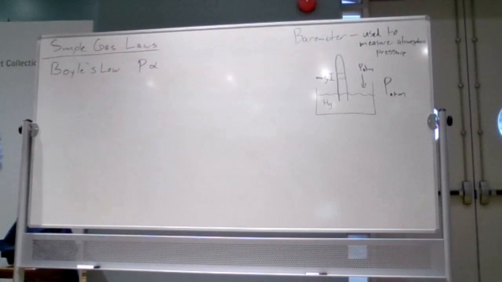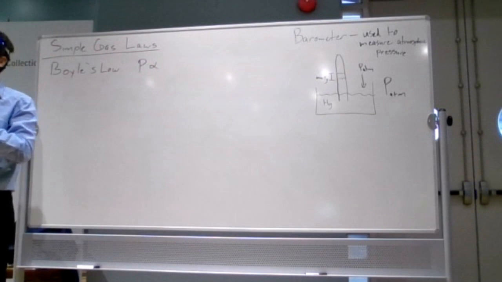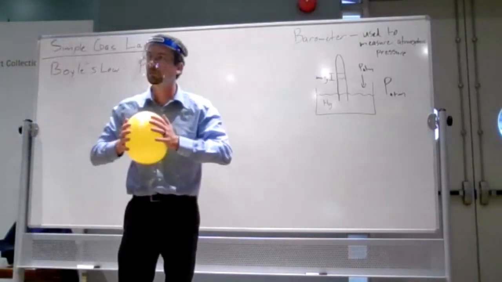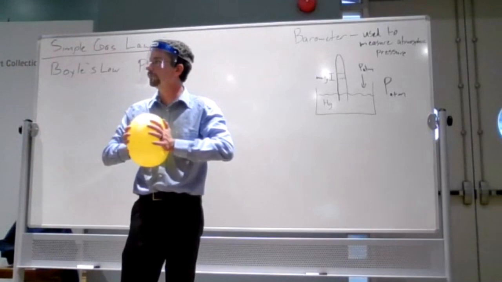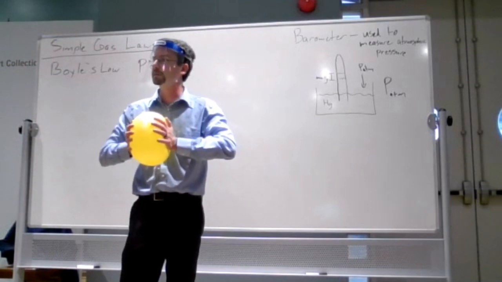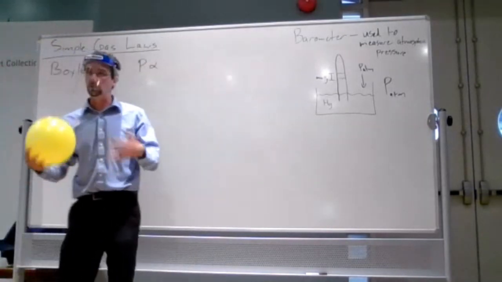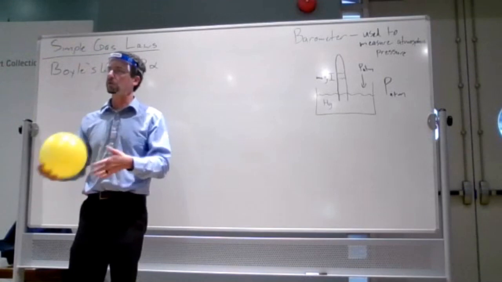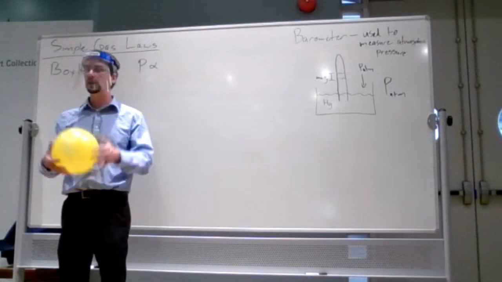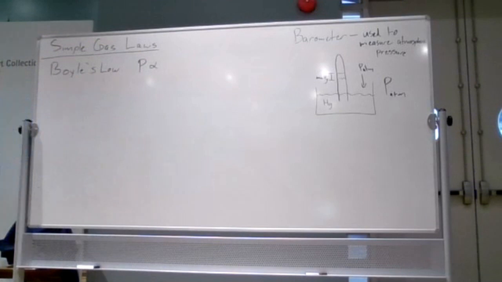Now what happens to pressure? If I increase the pressure, so I squeeze on this system, what's happening to my volume? Increasing or decreasing? Decreasing. So would you say that these have a direct proportionality or an inverse proportionality? Inverse, right? As pressure increases, volume decreases.